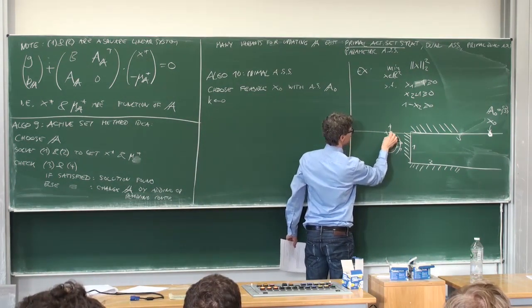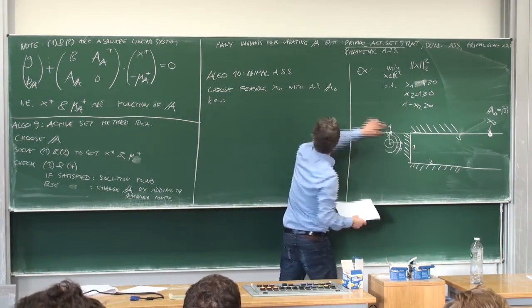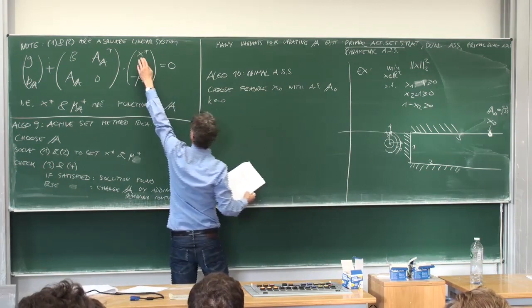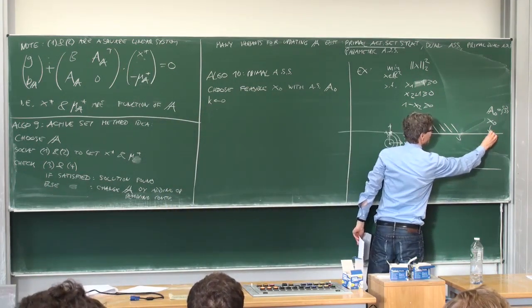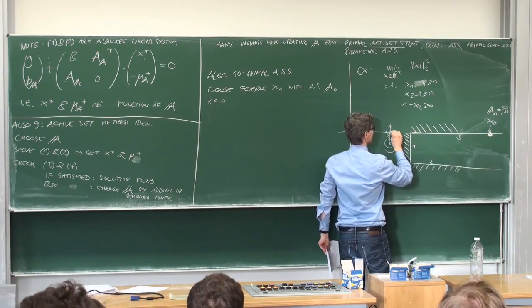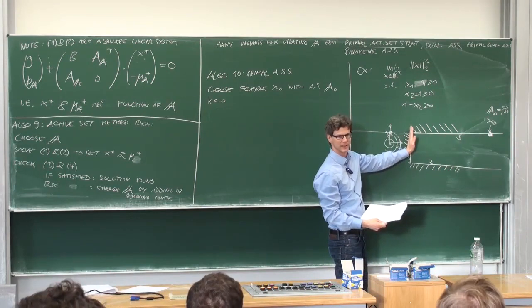So the minimal point will be here, that point. So this will be the point which is the solution of our linear system. And what this primal active set strategy now does is first check if this point is a feasible point. We see it doesn't. It violates this one constraint.